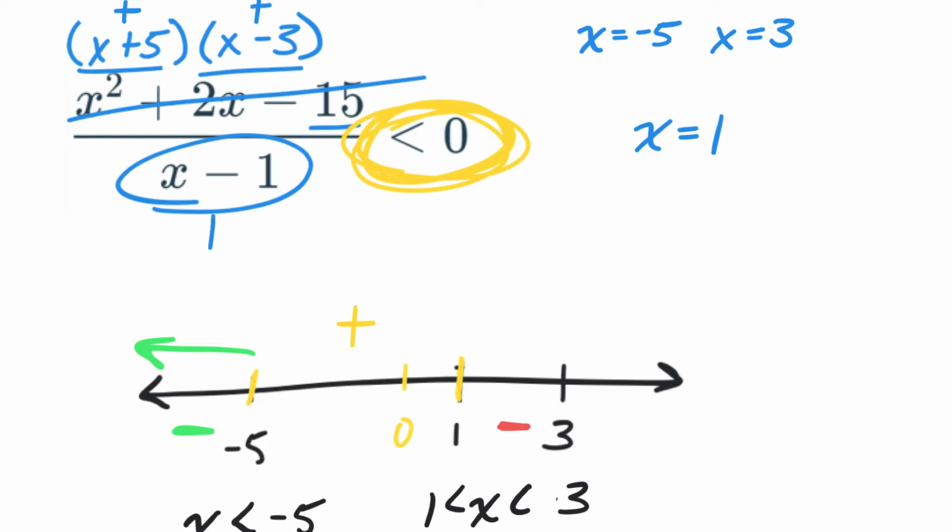And 5 minus 1 is still positive. So positive times positive divided by positive is positive, but we only want values lower than 0. So that is not one of those. So our solution would be that.